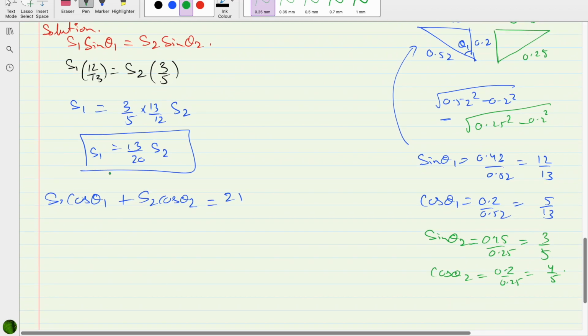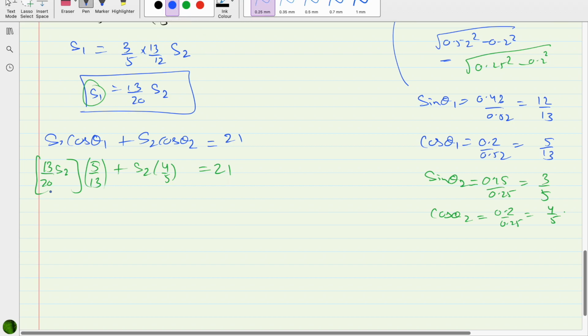Now I copy the values of sin theta 1 and cos theta 1 and theta 2. I'm also replacing S1. So S1 is 13 by 20 of S2, whereas cos of theta 1 is 5 by 13. S2 stays as it is, and cos of theta 2 is 4 by 5, equal to 21.